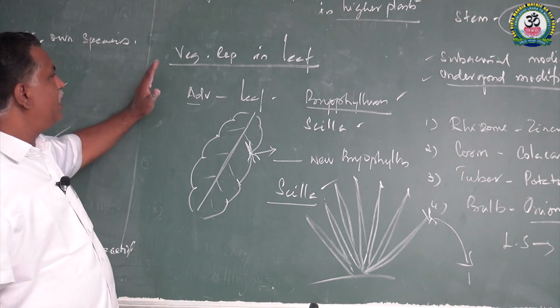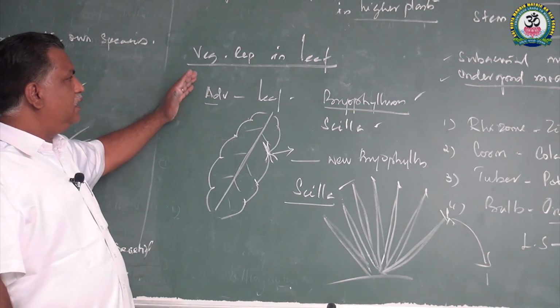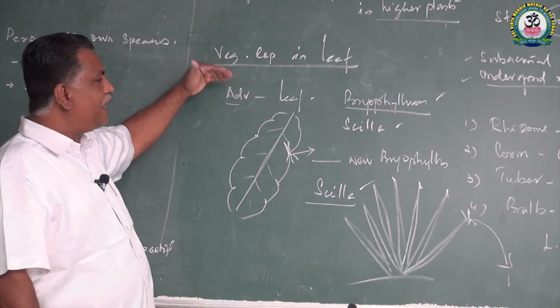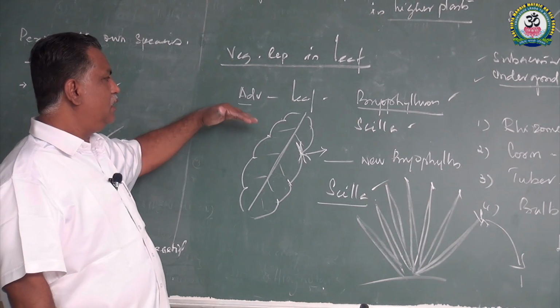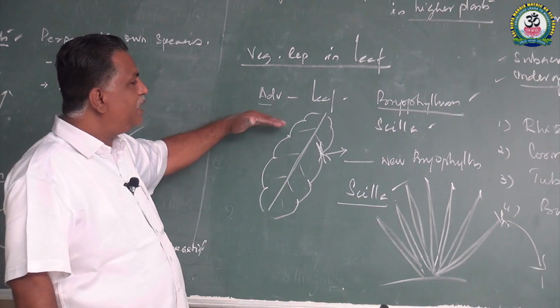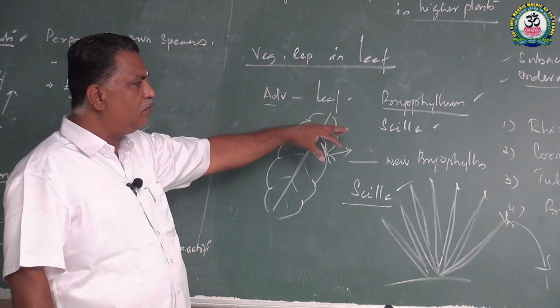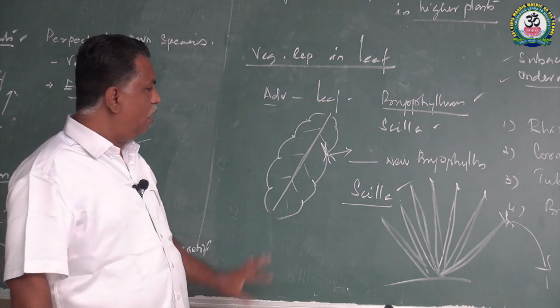So, in this way, leaves are also involved in vegetative reproduction, and they produce asexually. Vegetative reproduction is a kind of asexual reproduction whereby the new individuals produced are similar to the parent plant or mother plant. So, we have seen two examples in this: one is Bryophyllum, another one is Scilla.